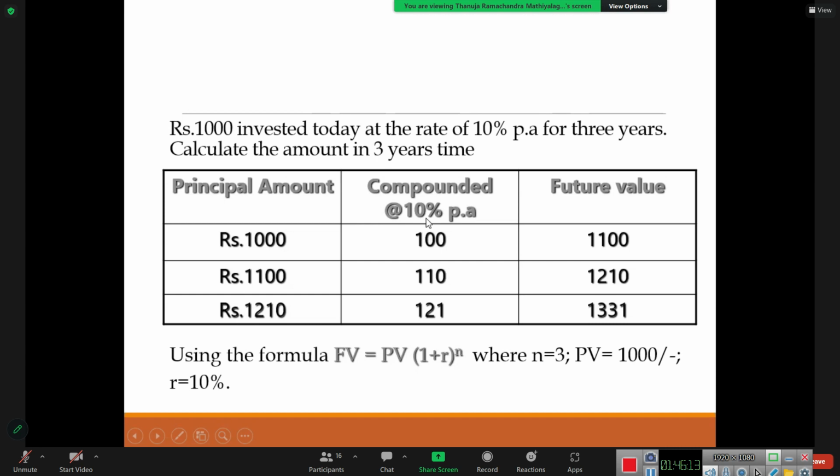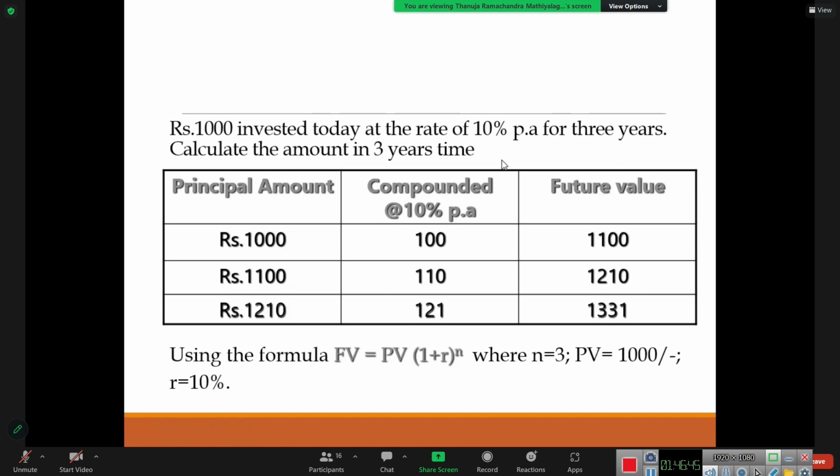So that 100 is the accumulated first year's interest and the 110 the second year's, right? Altogether it becomes 1,210. And then this total is going to get 10% interest. So it is 121. So at the end of 3 years, how much we have is 1,331, right?